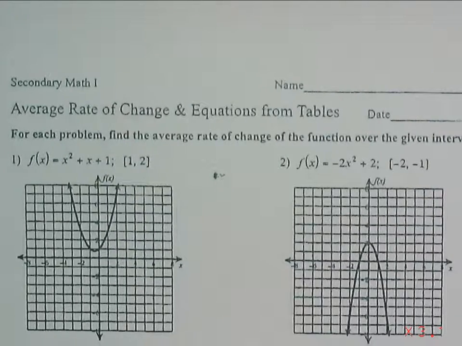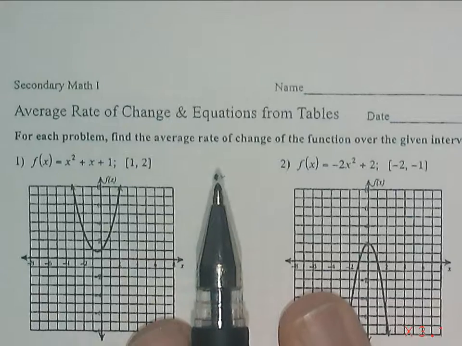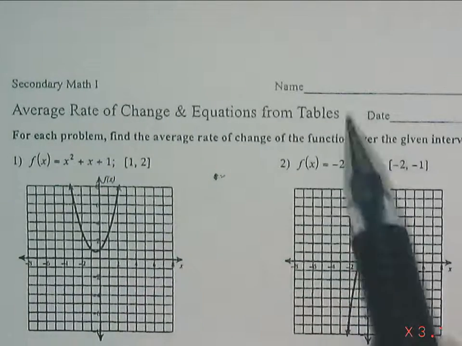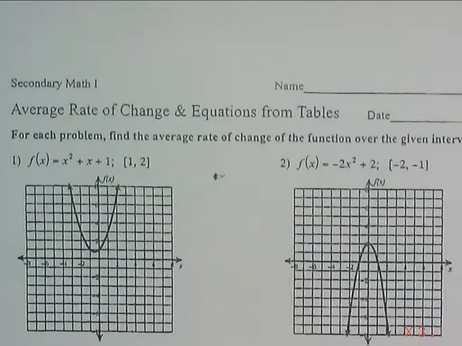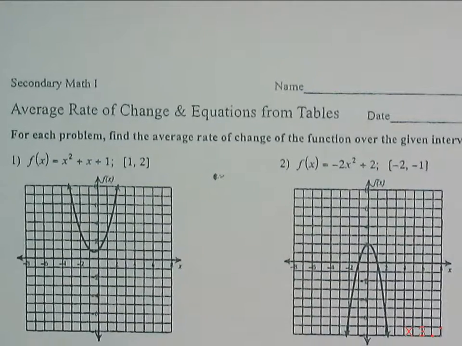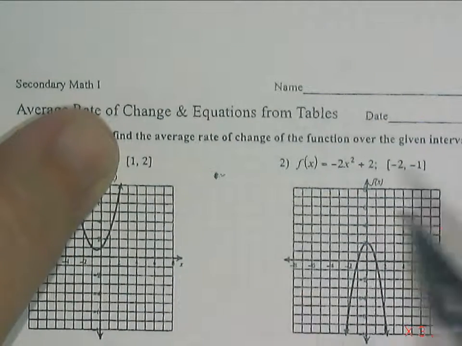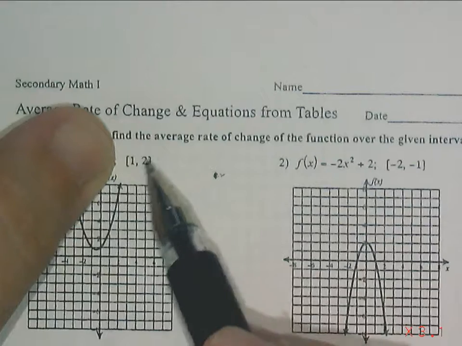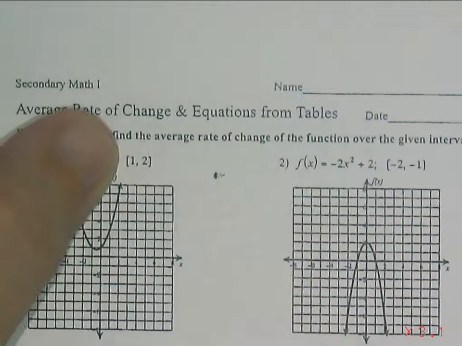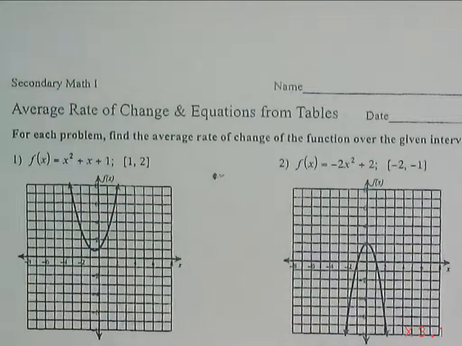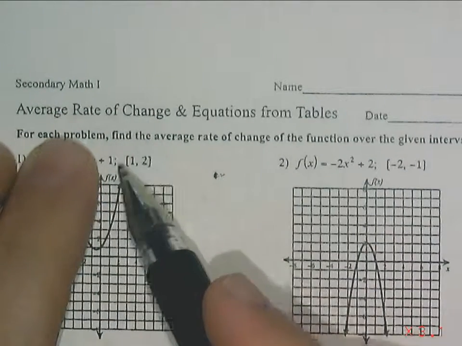Now when we look at these problems, it's going to give us these crazy looking equations. We don't have to do anything with the equations, at least today we don't. That's coming later. Basically, all we need from the top there is just these two numbers. This is the interval that it wants us to find the rate of change between. And this is interval notation.